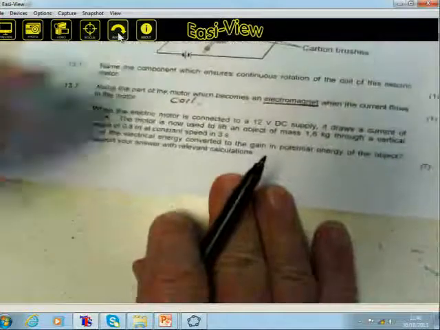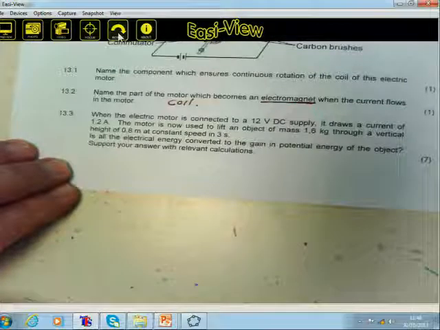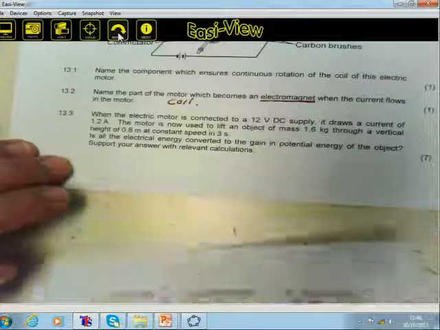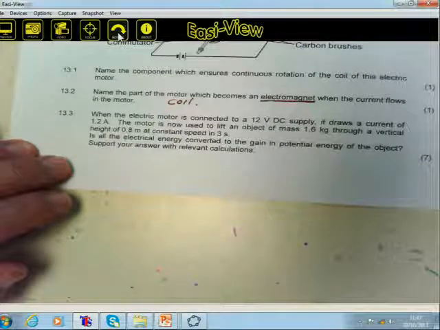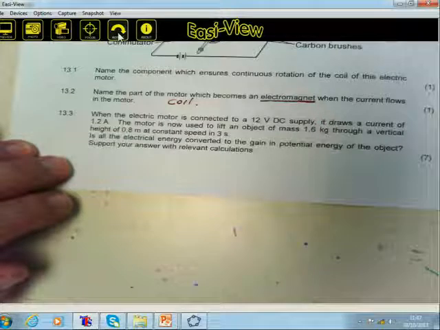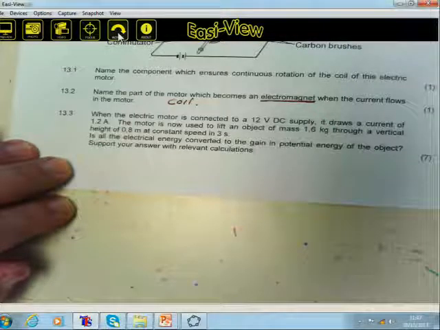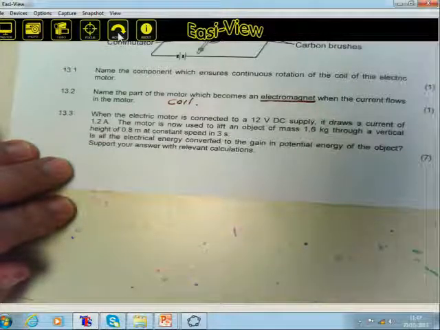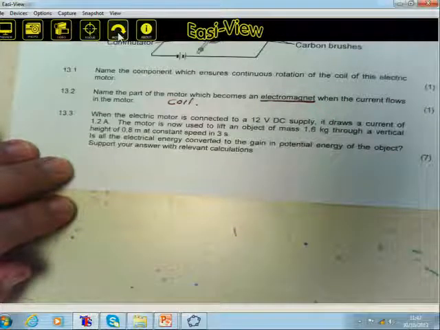Right, question 13.3. When the electric motor is connected to a 12-volt DC supply, direct current supply, it draws a current of 1,2 amperes. The motor is now used to lift an object of mass 1,6 kg through a vertical height of 0,8 meters at constant speed in 3 seconds.